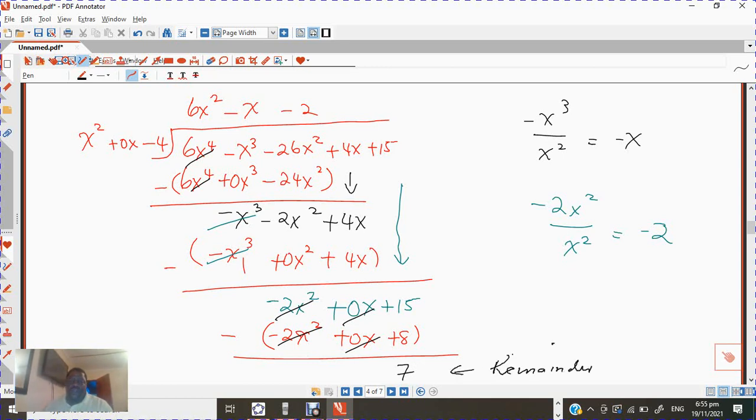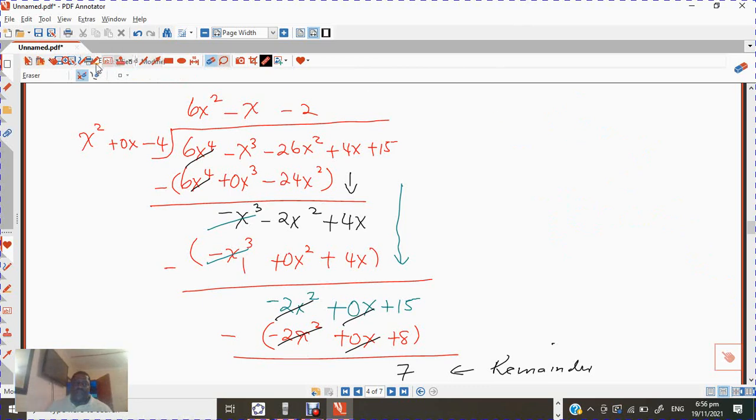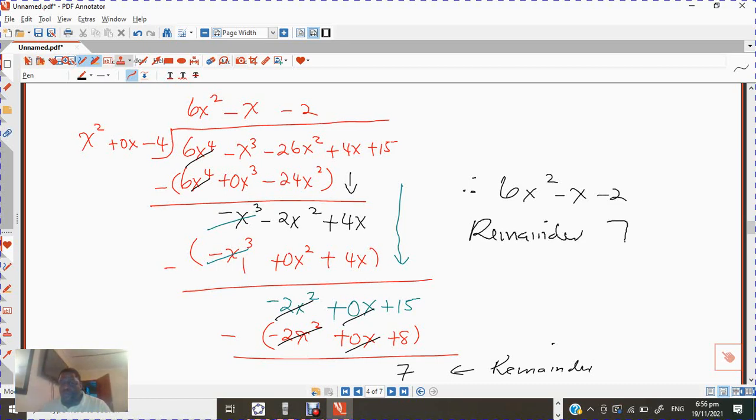Okay, so what is our solution to this question? Our solution is nothing but the quotient. Our quotient is 6x squared minus x minus 2, as you can see on top there. So you can say, therefore, our quotient is 6x squared minus x minus 2, and our remainder we proved to be 7.